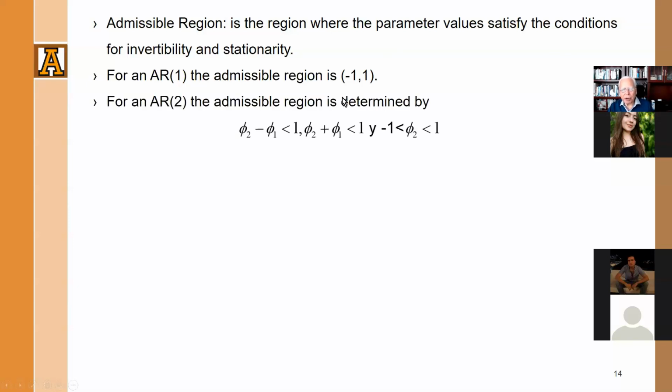For an AR2, we saw that the admissible region was determined by this set of equations: phi2 minus phi1 less than 1, phi2 plus phi1 less than 1, and phi2 between -1 and 1.